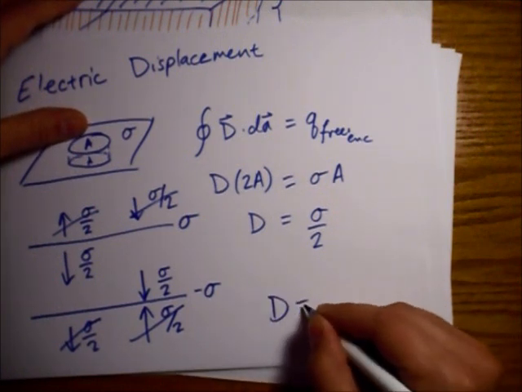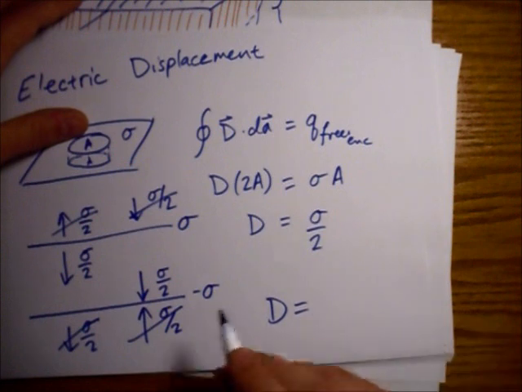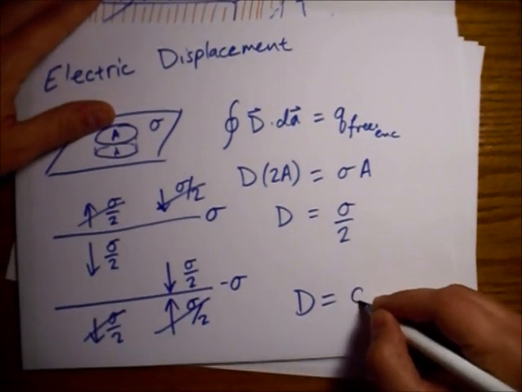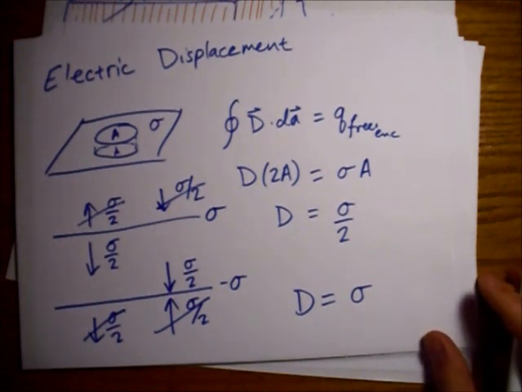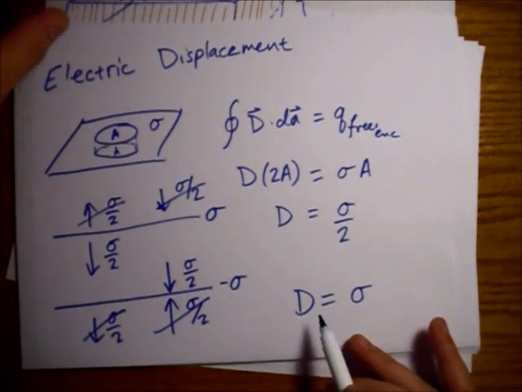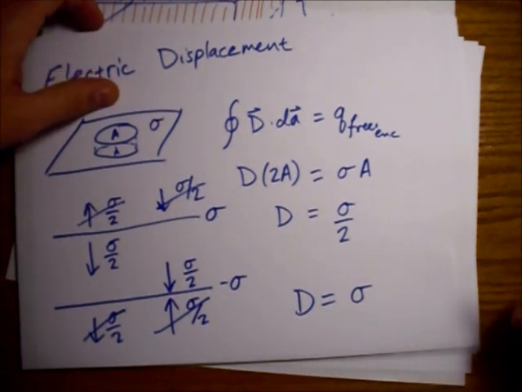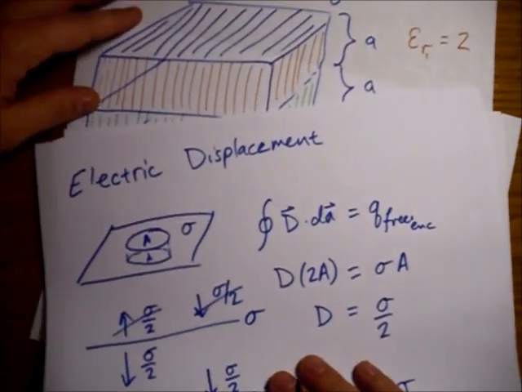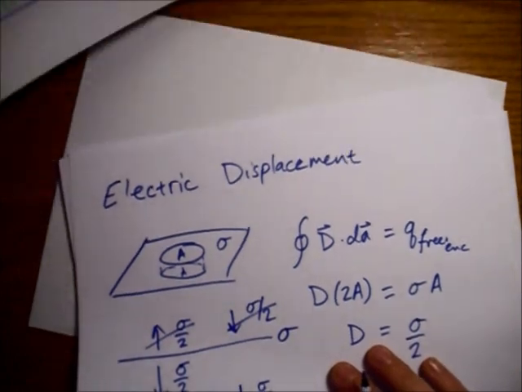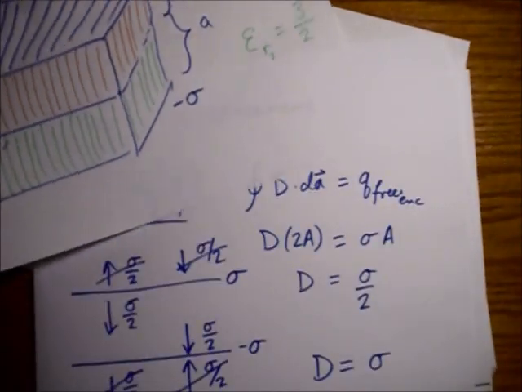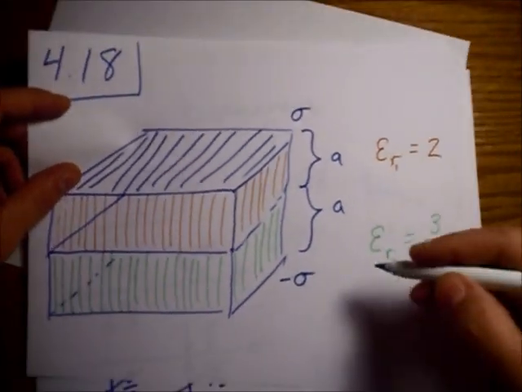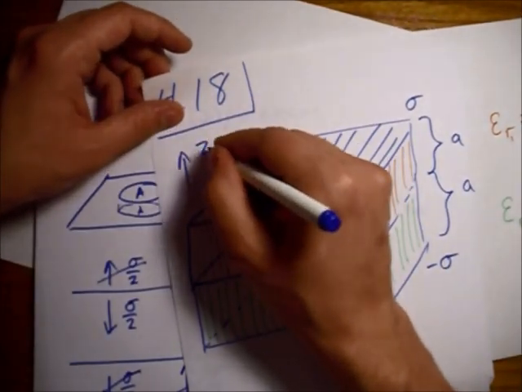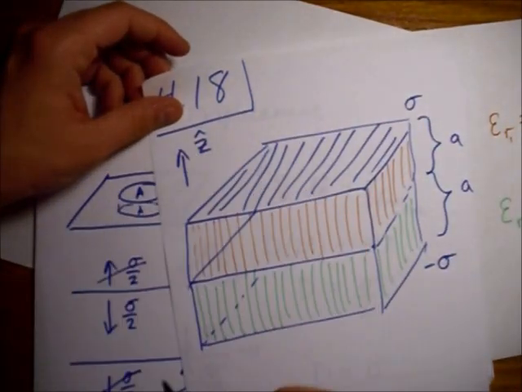So D is equal to sigma over 2 plus sigma over 2, which is just sigma. So here's our magnitude, and let's go ahead and define a direction for this. Let's just call it up, Z. So I'm going to just draw a Z hat vector pointed up.